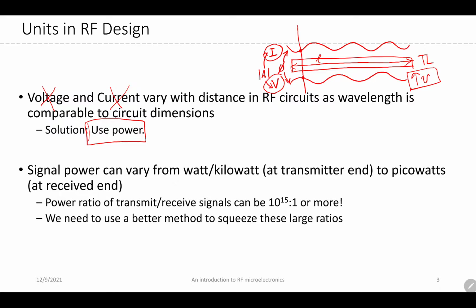Instead of using these quantities which are varying throughout the length, we use a certain scalar quantity like power. You can define power as a product of the two, right? And then power will have a fixed value. Since it's a product of the two, you'll have a fixed value throughout the transmission line.